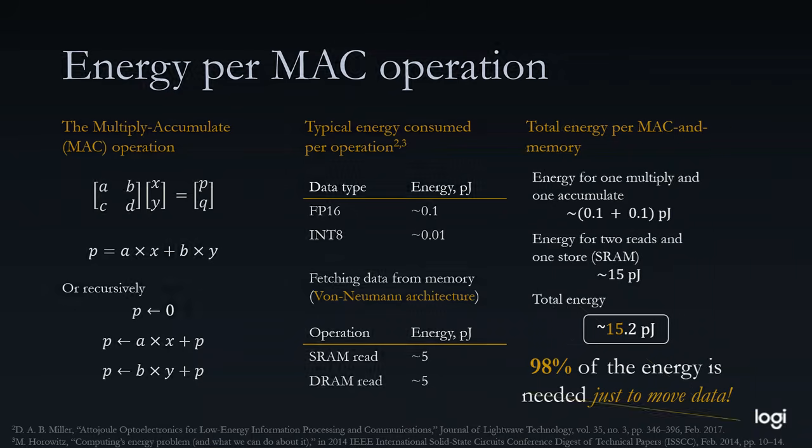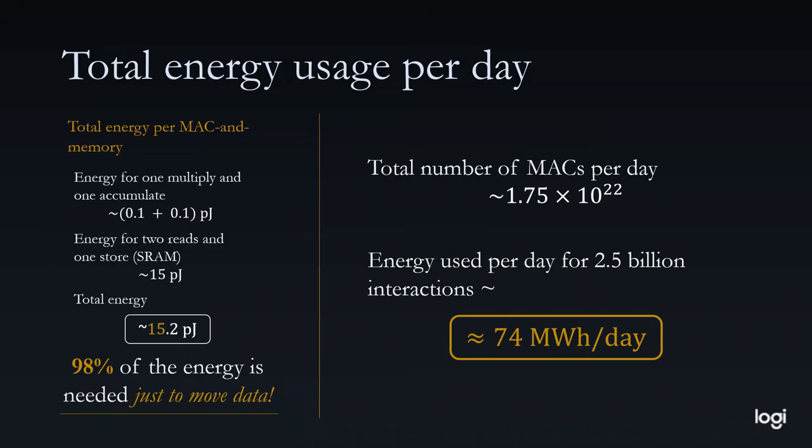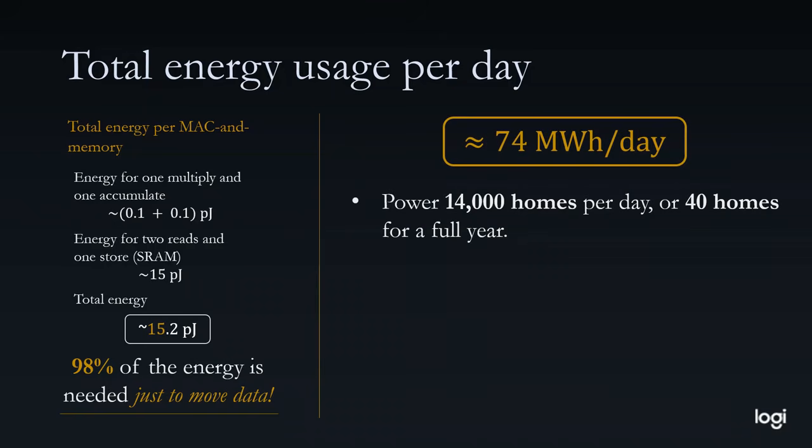Okay. So now that we have an idea of the energy per MAC operation, we can put it together with the number of MACs per day, and that comes to about 74 megawatt hours per day. So this is a number at this point. Let's put some sense into it again. 74 megawatt hours per day can power 14,000 homes per day or 40 homes for a full year.